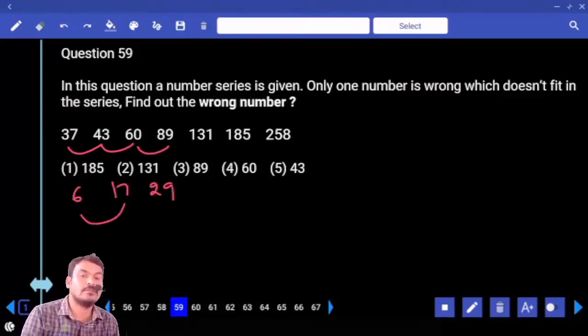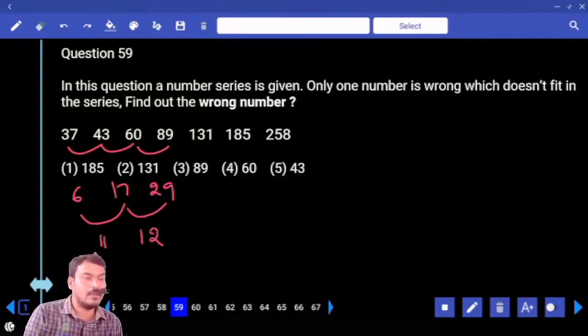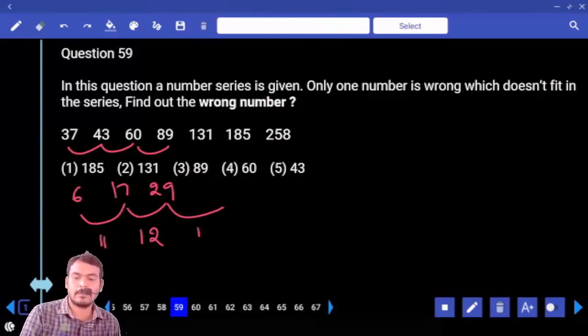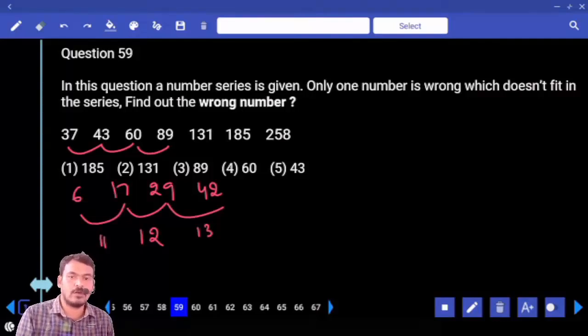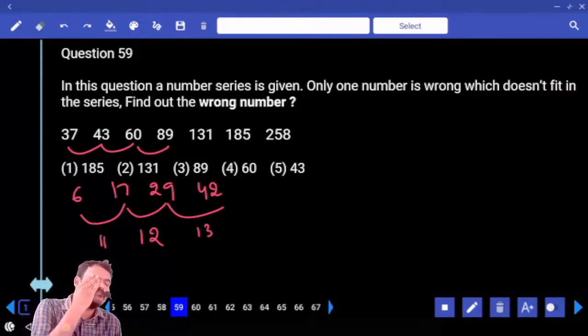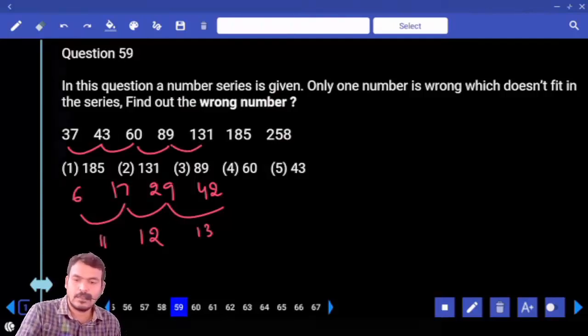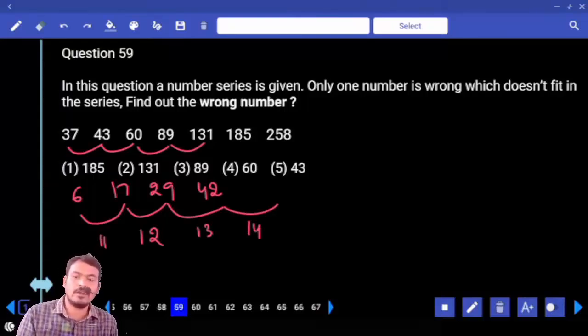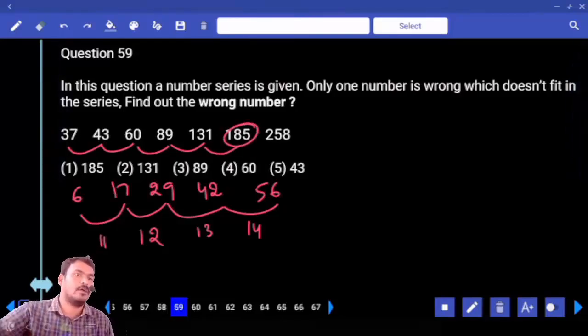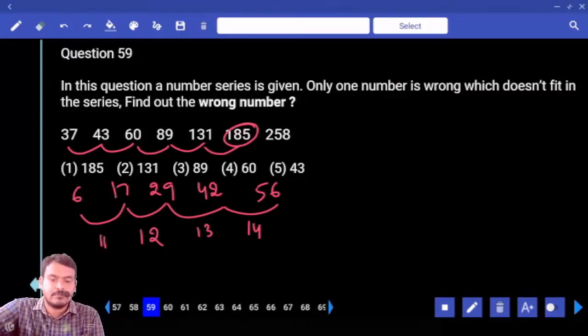The difference between 6 and 17 is 11. Between 17 and 29 is 12. With differences 11, 12, the next one is 13. 29 plus 13 is 42. 89 plus 42 is 131. Next, with 11, 12, 13 the next is 14. 42 plus 14 is 56. 131 plus 56 is 187. But here the value is 185. Wrong number: 185.